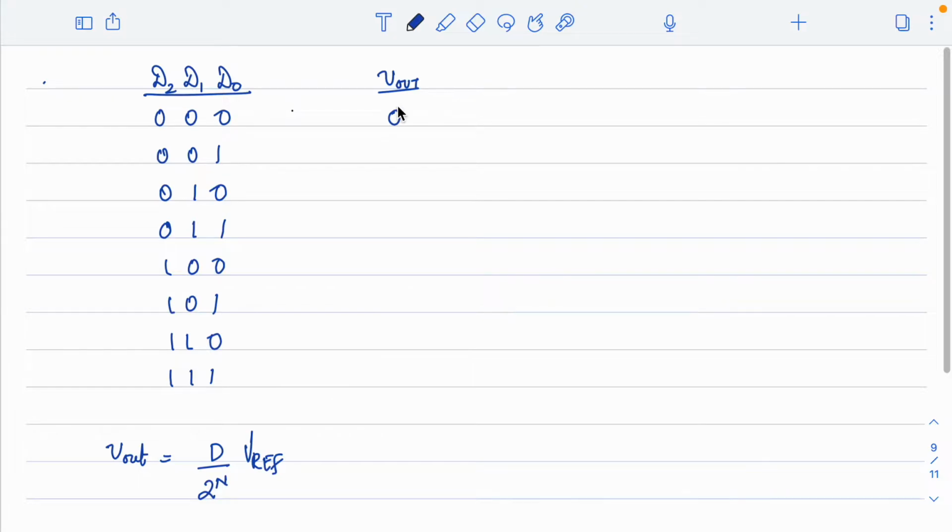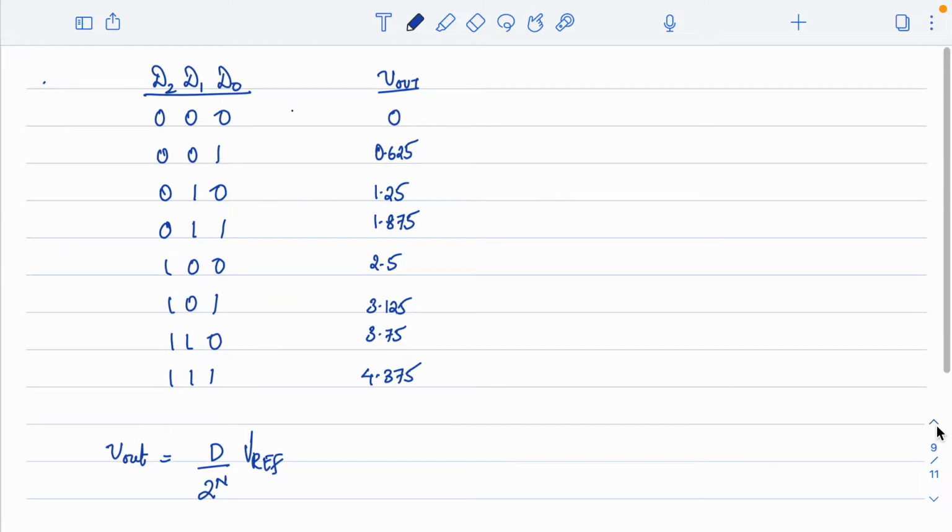So 5 by 8 is 0.625, and you will have all the other values. Next is 1.25, next is 1.875, then 2.5, 3.125, 3.75 and 4.375. These are the corresponding analog output voltages.